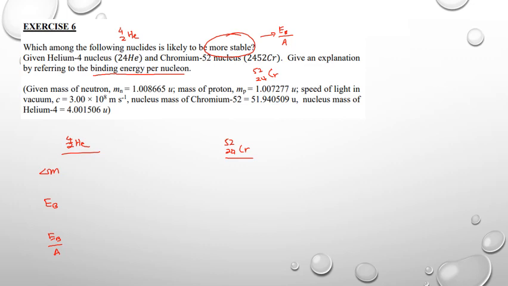In this case, the binding energy per nucleon for chromium is actually larger than helium. If you got it right, the answer for chromium should be 8.54 MeV, and for helium it should be 7.075 MeV. So try it yourself and see whether you can get the answer or not.